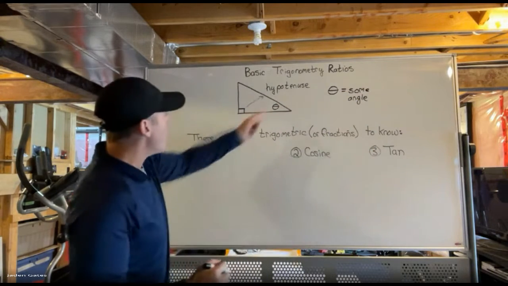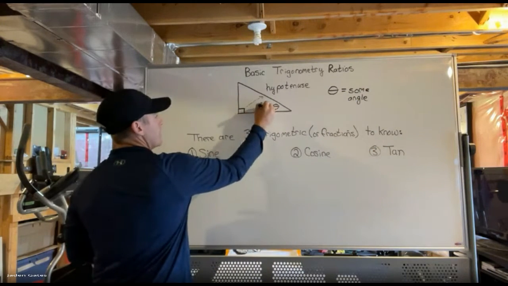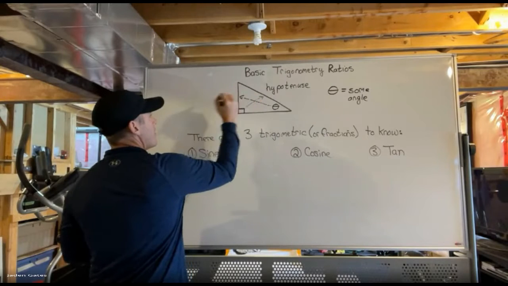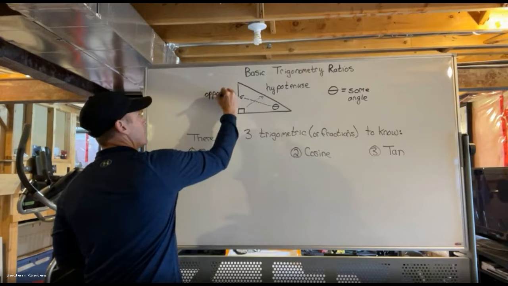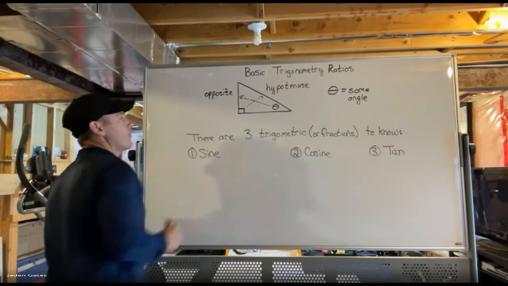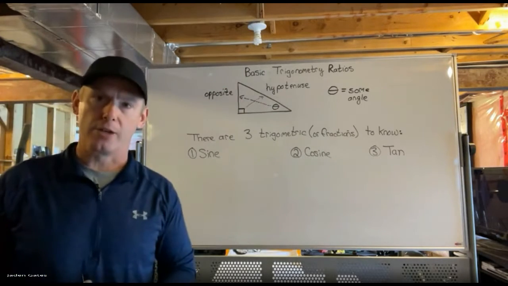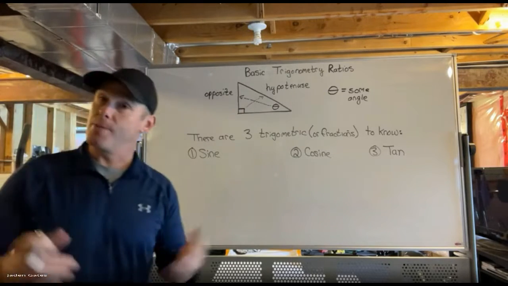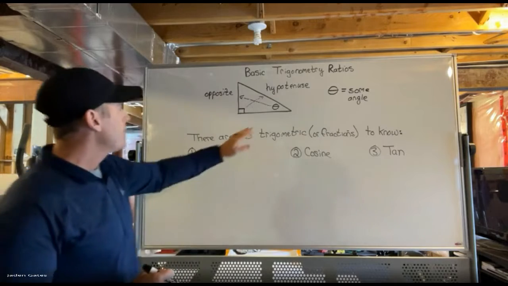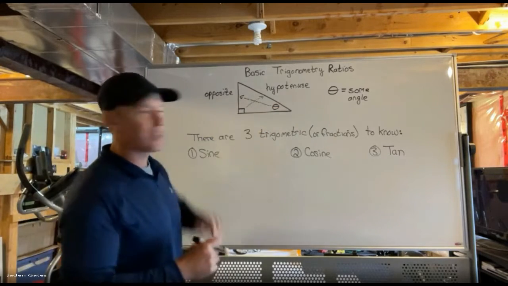Now, across from that particular angle, that is called your opposite. So that is the side across from your angle that you're looking from, theta. The third side, because as I mentioned, triangles got 3 sides, is the side beside the angle.